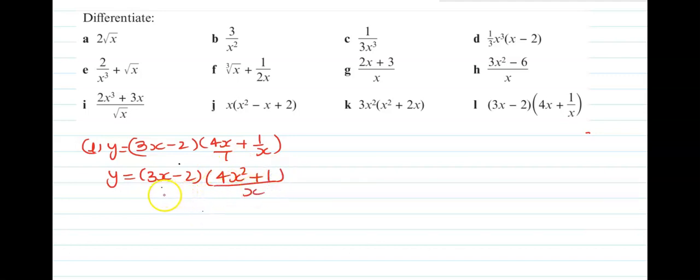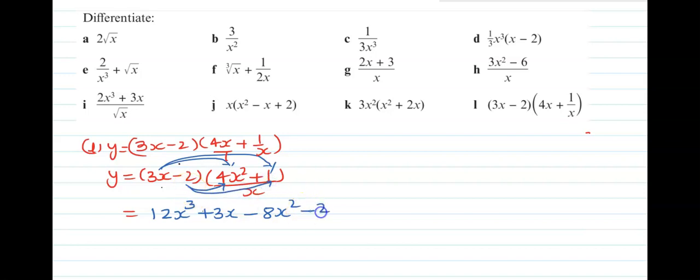Now we can multiply 3x with 4x square, so we are expanding. 3x times 4x square equals 12x cube. 3x times 1 becomes 3x, minus 2 times 4x square becomes minus 8x square, and minus 2 times 1 becomes minus 2, and this whole thing is divided by x.